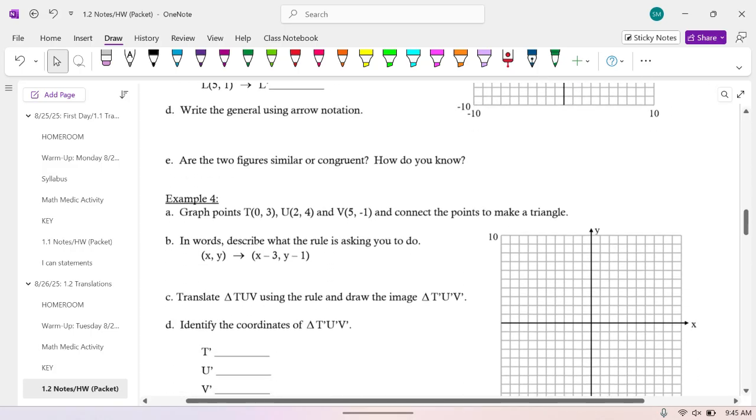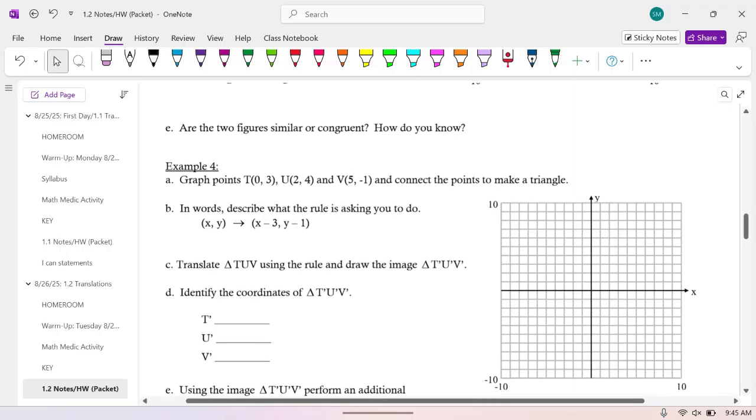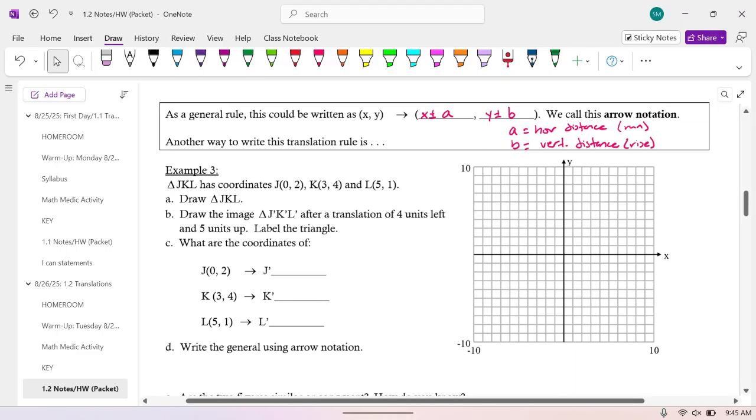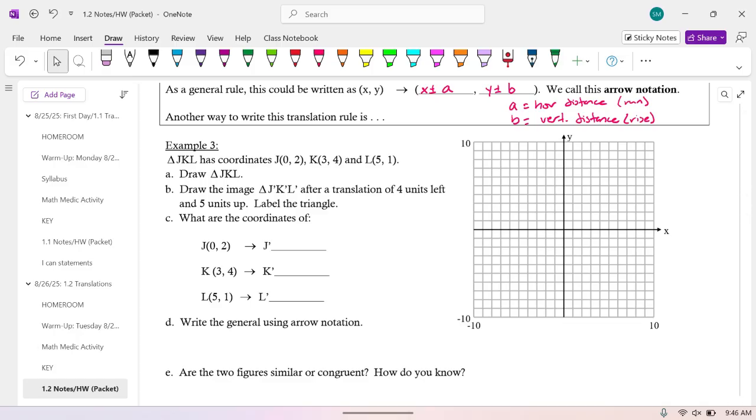All right. So take a minute and I want you to plot the points for JKL. Take a minute, plot those points for JKL for example 3.